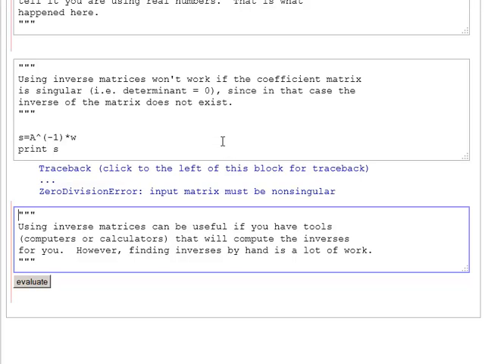So either a computer or a high-end scientific calculator, something that will compute inverse matrices for you. Then you can just use them and take them for granted. They are very significant theoretically when you're trying to study the algebra of matrices and vectors and so forth. So yes, they're not something to ignore.